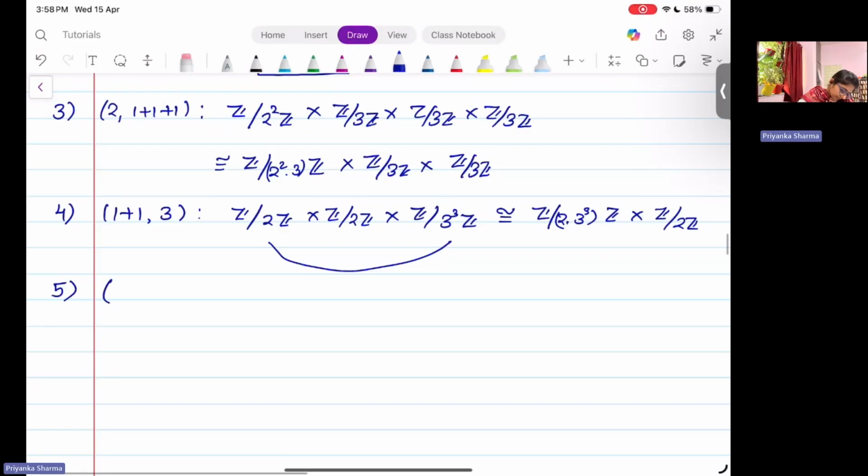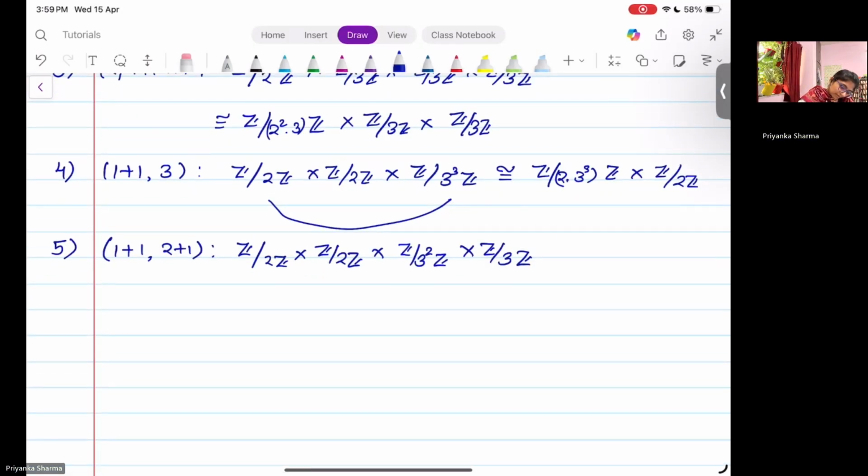Fifth one, we will have 1 plus 1, and here we will have 2 plus 1. So for this, we will get this group Z mod 2Z cross Z mod 2Z cross Z mod 3 square Z cross Z mod 3Z. Okay, which is isomorphic to.